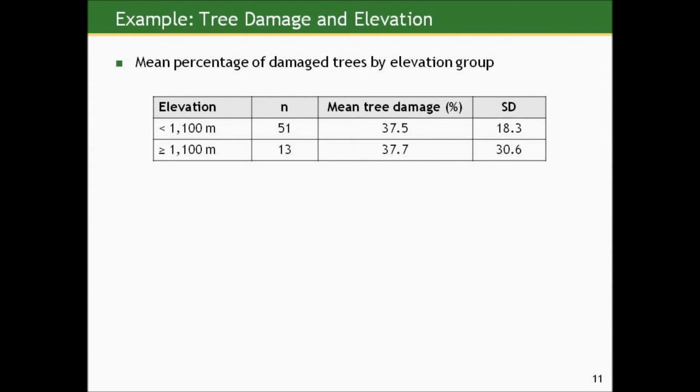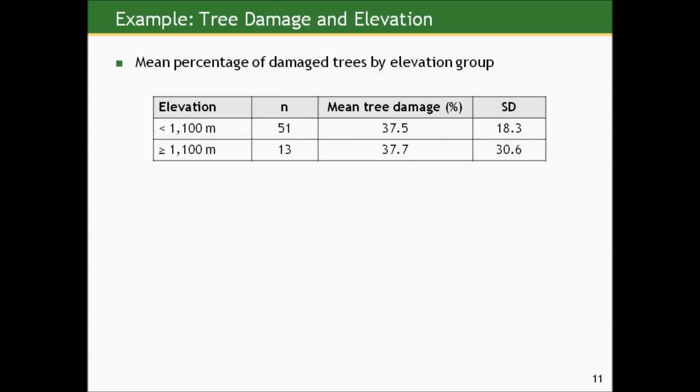But suppose we wanted to quantify this with a number and put confidence limits on it. Well, the best we can do is compare the means. And it tells a slightly different story than the medians. We look at the mean percentage of damaged trees across the sites stratified by elevation group. We see a similar average percentage of damaged trees, 37.5 in the lower elevation sites, 37.7 in the higher.